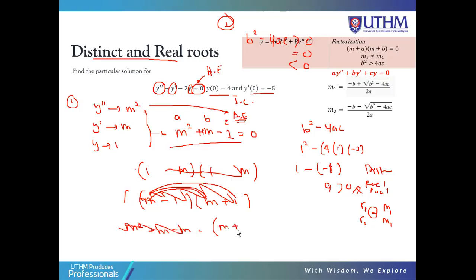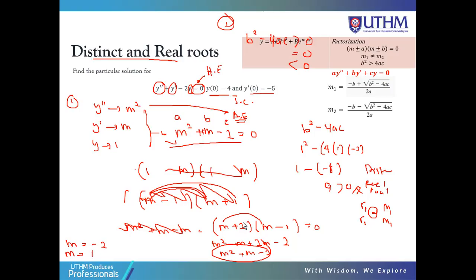It should be m plus 2, m minus 1. You get m square minus m plus 2m minus 2, so you get m square plus m minus 2, the same as here, equal to 0. So m equals negative 2 and m equals 1.